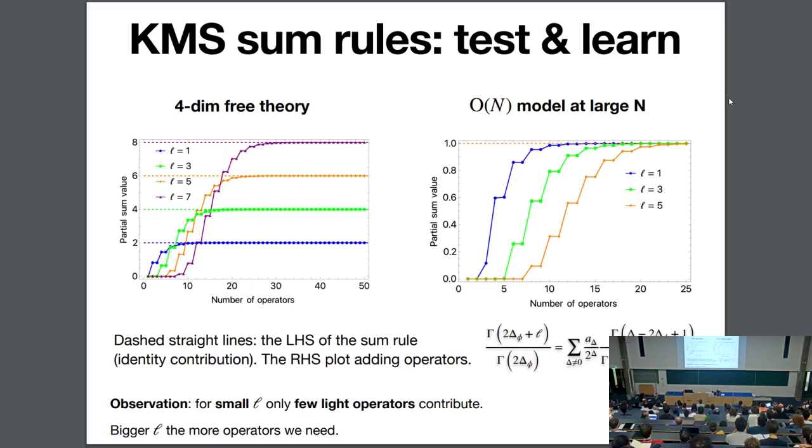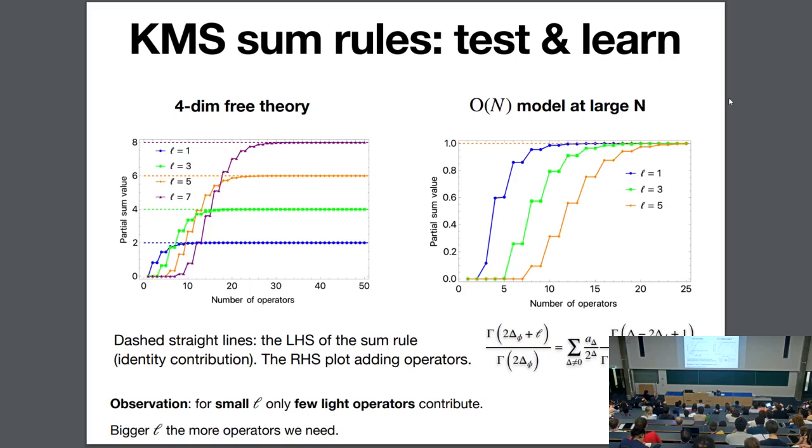These correspond to the left-hand side of the sum rule, which has to do with the identity contribution. And then we have these other lines with the dots, which are the right-hand side. What we are doing is we cut this sum at some operator dimension delta, and we compute only up to then, and we see how well we are doing.